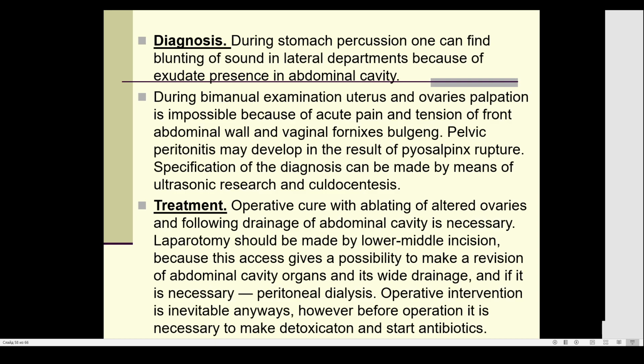Pelvic peritonitis may develop as a result of pyosalpinx rupture. Specification of the diagnosis can be made by means of ultrasonic research and culdocentesis, as I said before, when we use puncture of the posterior fornix, puncture of the Douglas pouch.